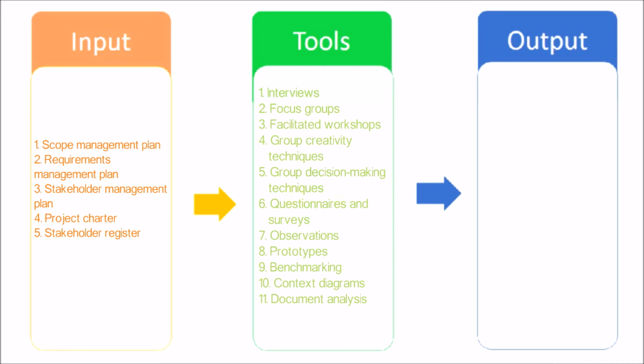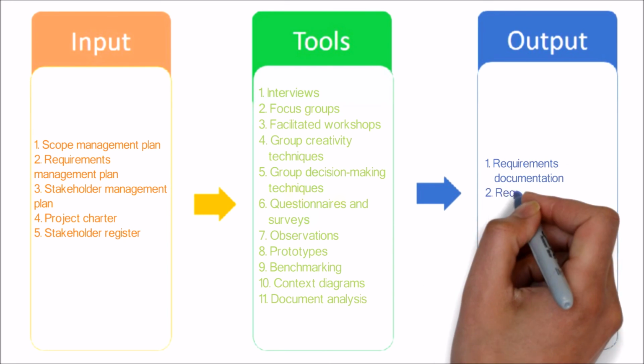Context diagrams. The context diagram is an example of a scope model. Document analysis. Document analysis is used to elicit requirements by analyzing existing documentation and identifying information relevant to the requirements.